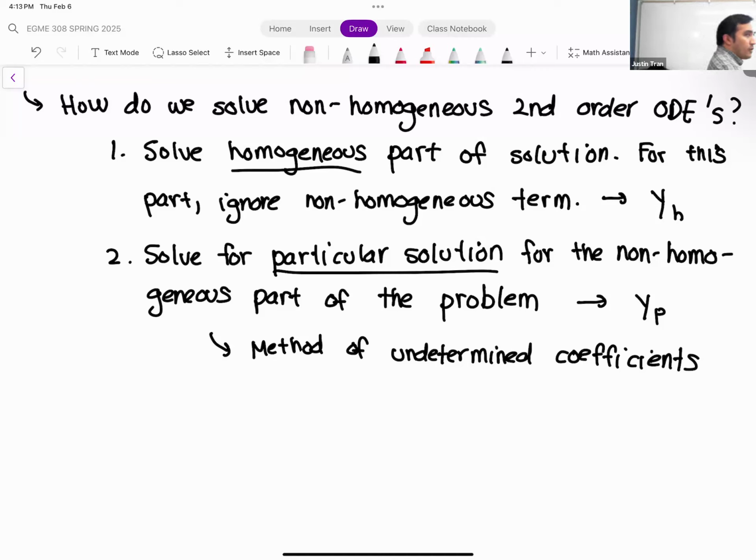All right, and so once you've applied that method, you have your homogeneous solution, you have your particular solution. Your full solution is just the sum of these two parts.